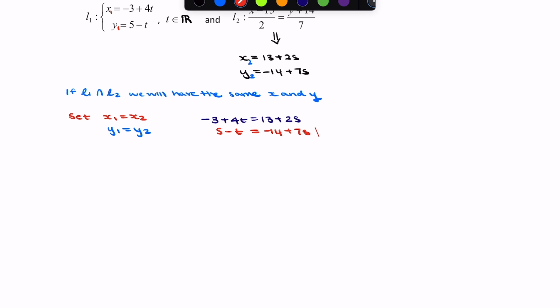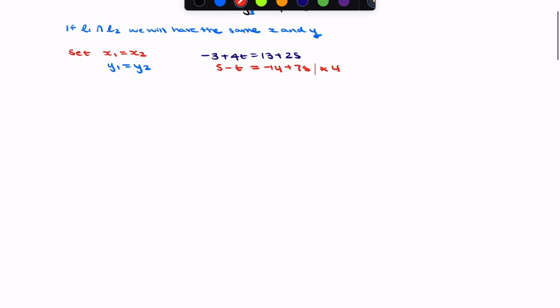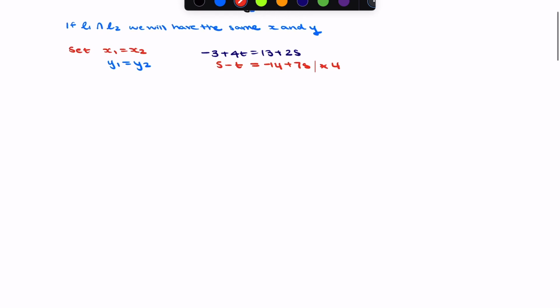Here, we want to make one of our coefficients for our variables the same. And so here we're going to multiply this by 4 to get it to -4t.